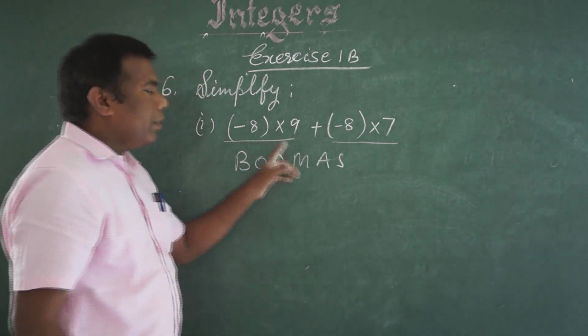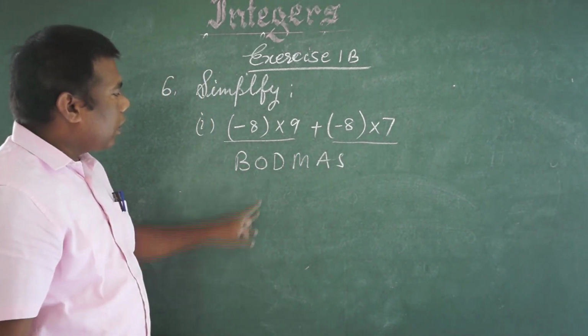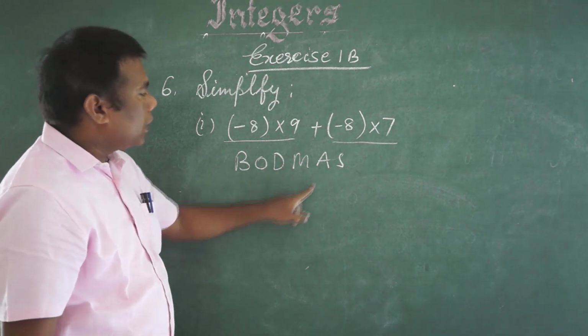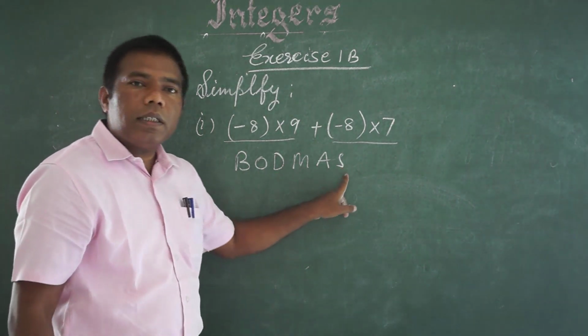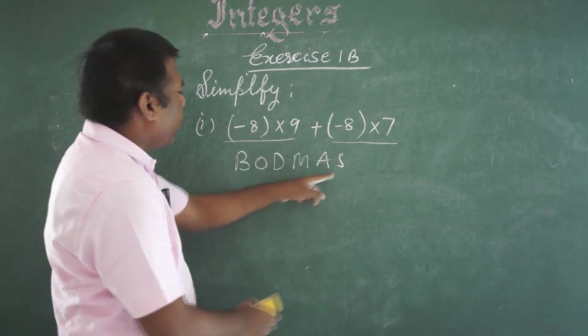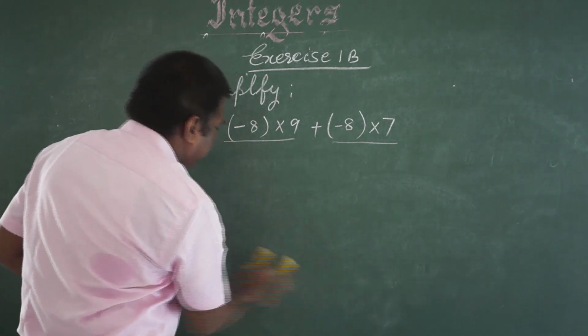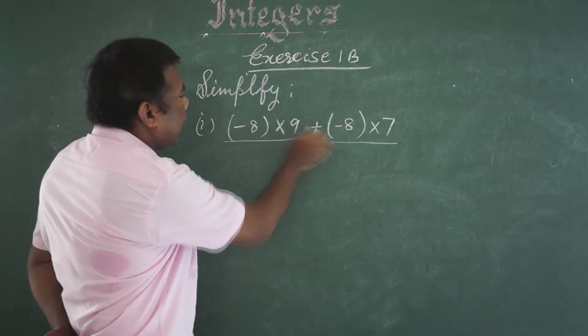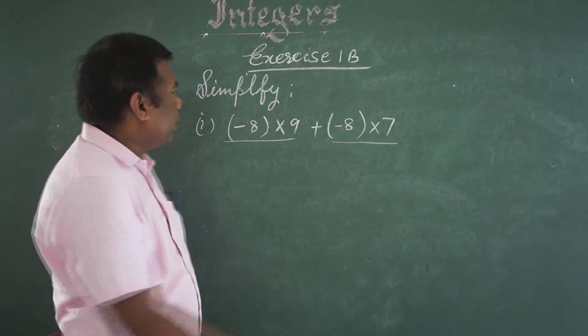How do we solve in simplification? First brackets, then of, then division, then multiplication, then addition, and then subtraction. Here very simple things are there, all the rules are not going to be applied. Here you only have multiplication and addition.